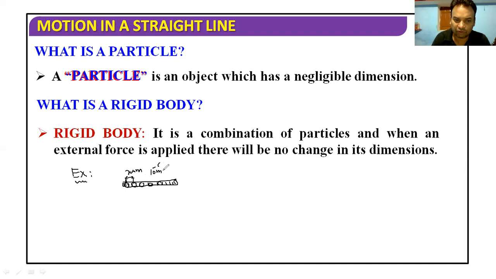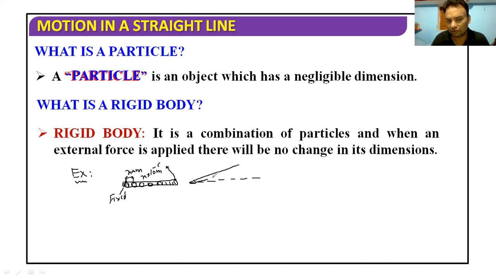If I change the position of this wire, keeping one end fixed and uplifting the other end, this is the initial position of the rod, and now the actual position of the rod is this.